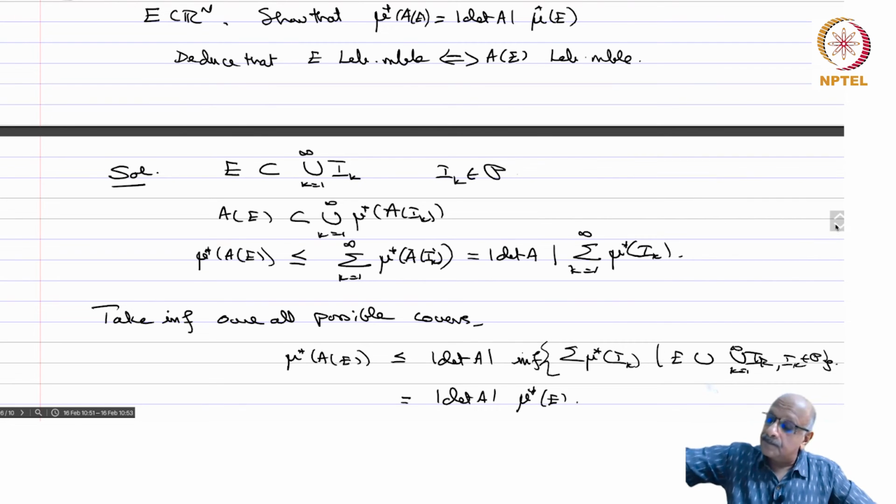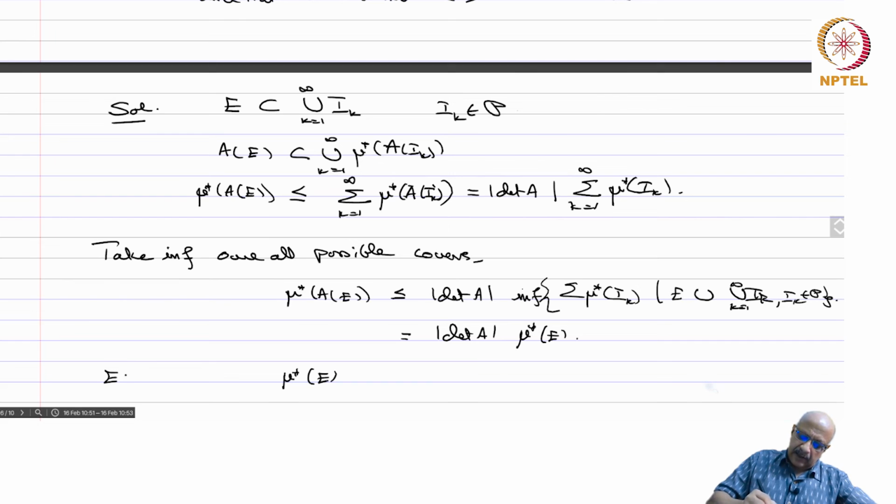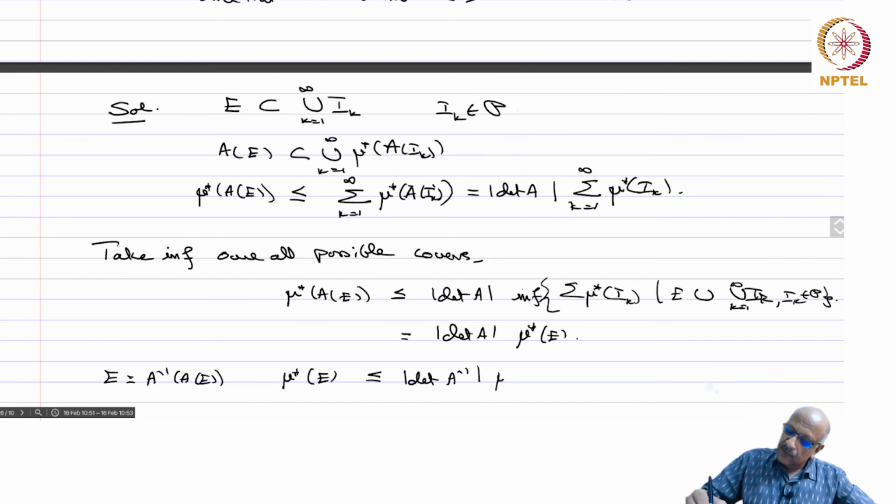Now A inverse is also a non-singular thing. So for mu star of E, E is nothing but A inverse of AE.